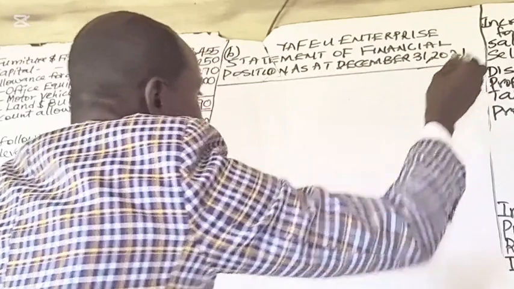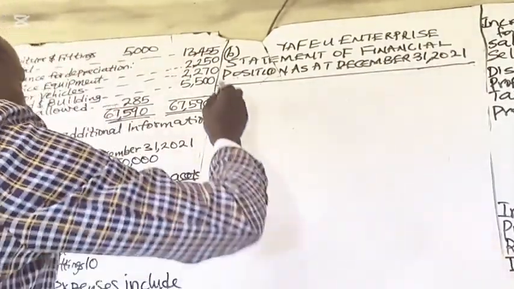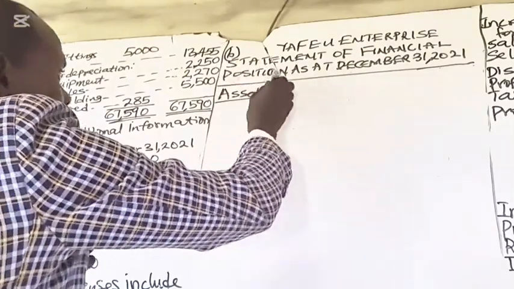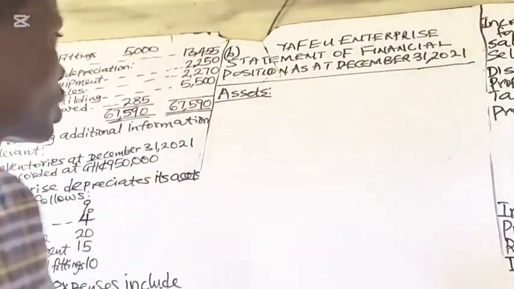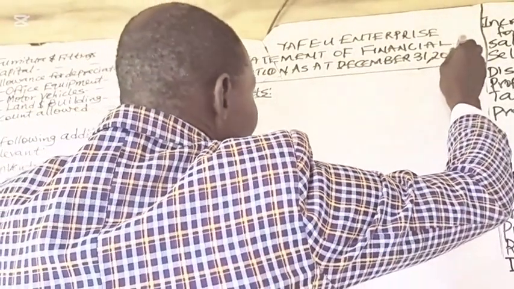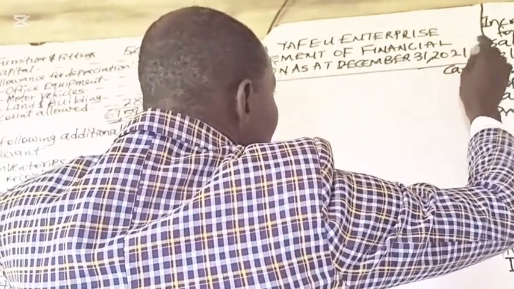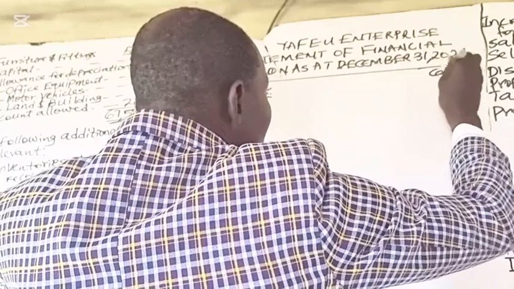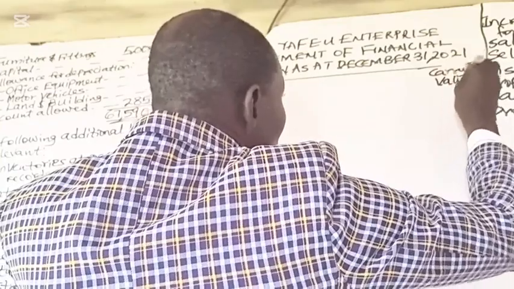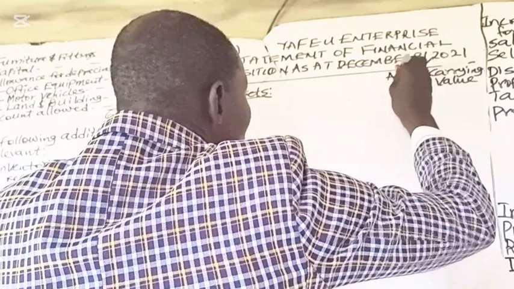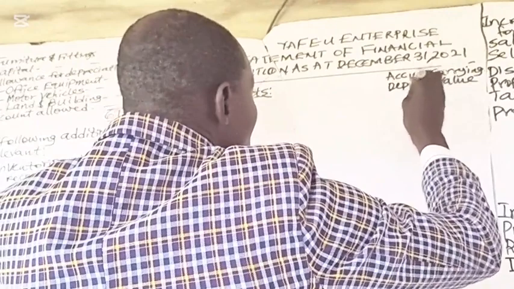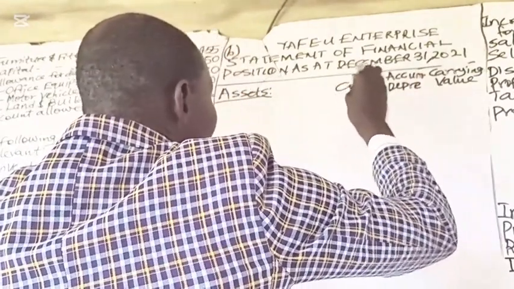So, to prepare the statement of financial position, the starting point is assets. You start with your assets. Of course, the assets to start with will be the tangible non-current assets. So you have the carrying amount or carrying value, then accumulated depreciation, and the cost of the asset.